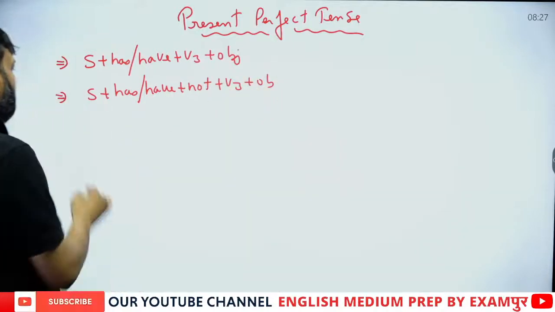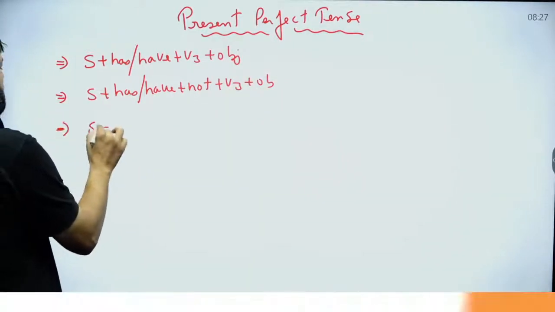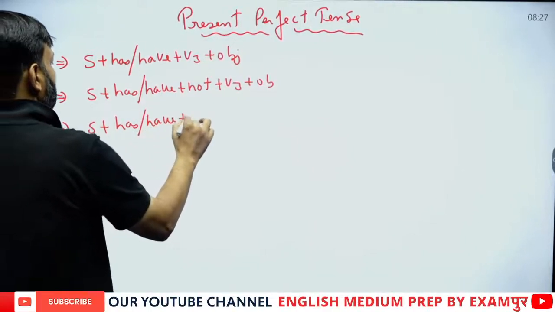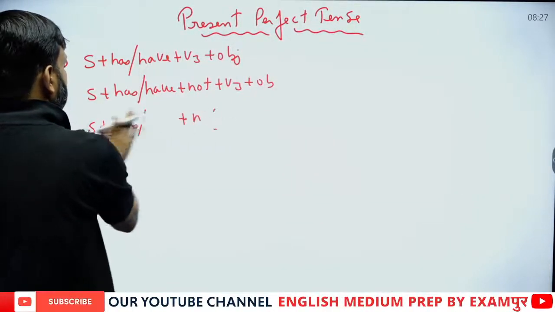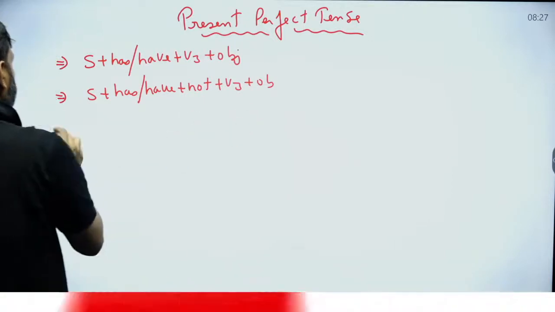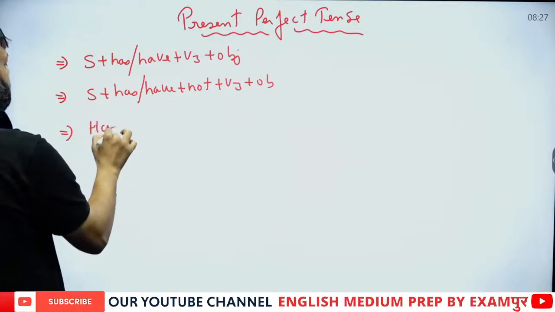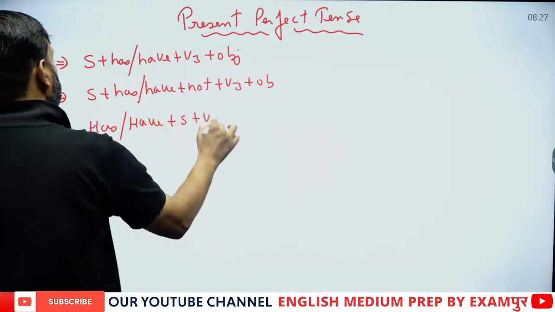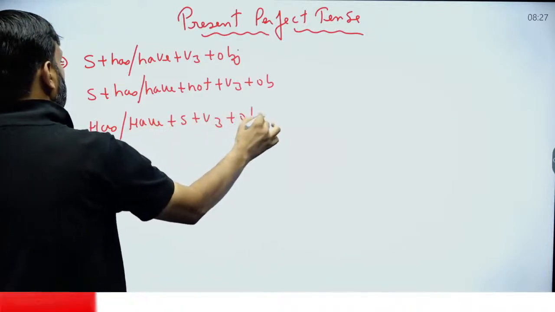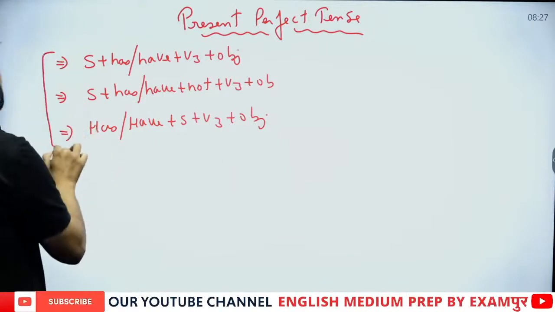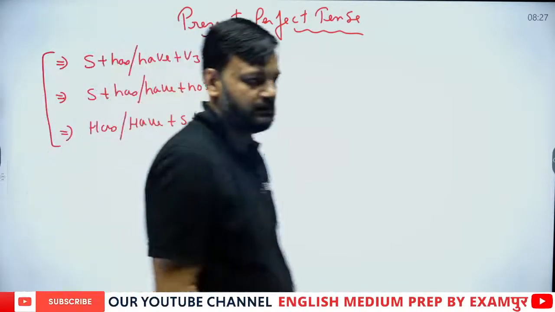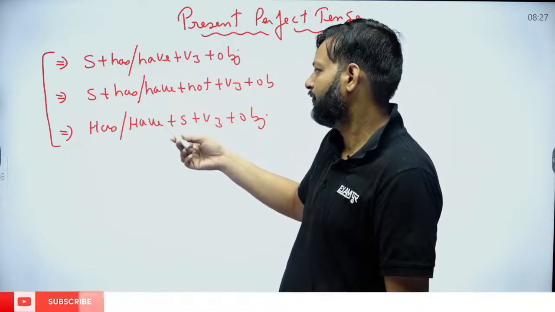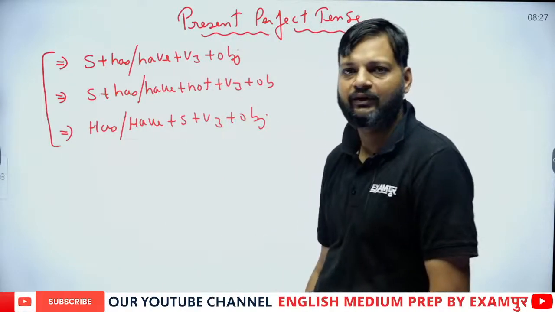This is negative, and for interrogative we have to write: has or have plus subject, third form of verb and object. So these are the structures of present perfect tense. Okay. Present perfect positive, present perfect negative and present perfect interrogative.